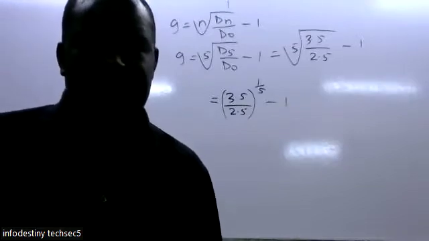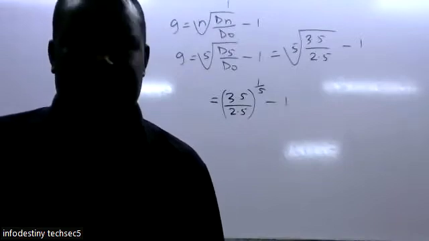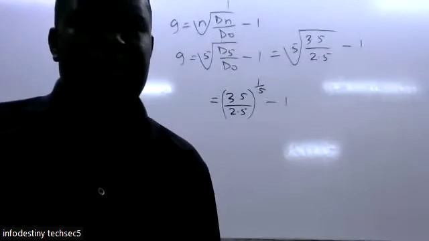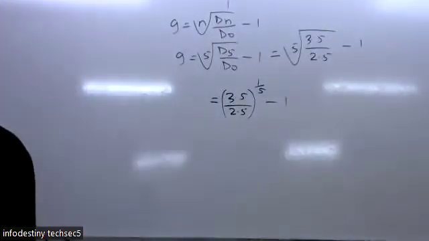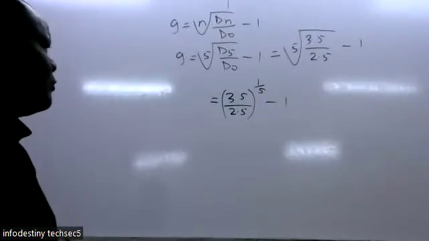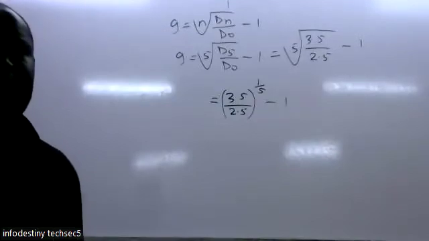So that value is 6.96. So what do you do? If you are using that second formula, you simply come up with that figure of 3.5 divided by 2.5.